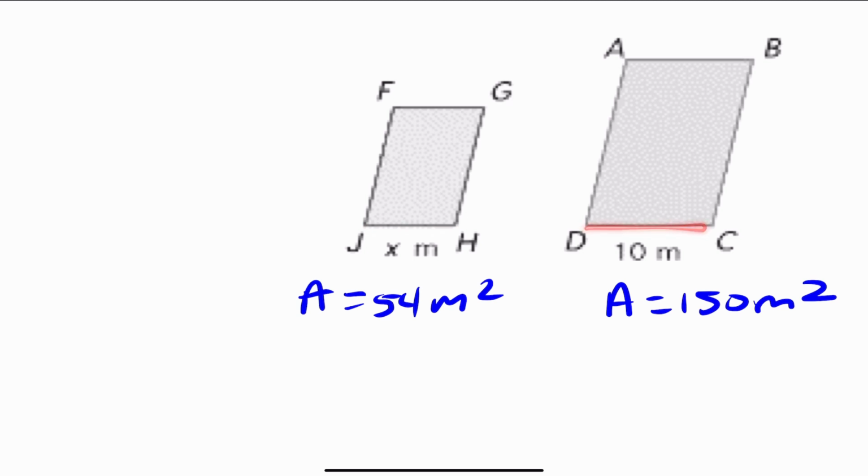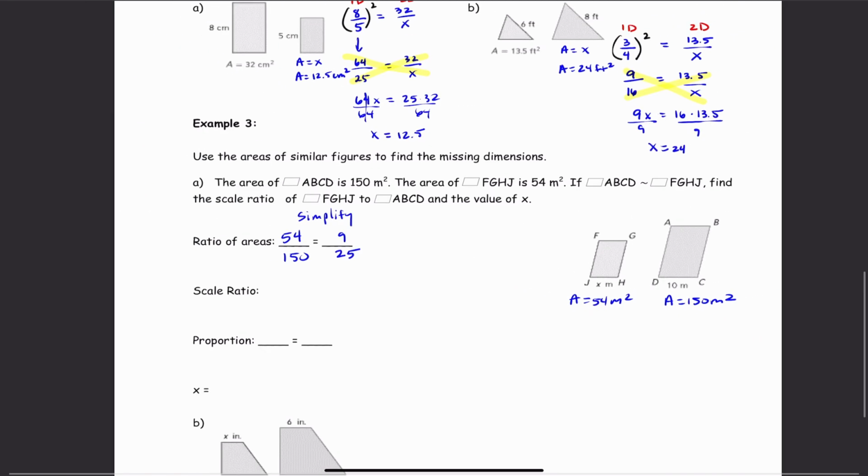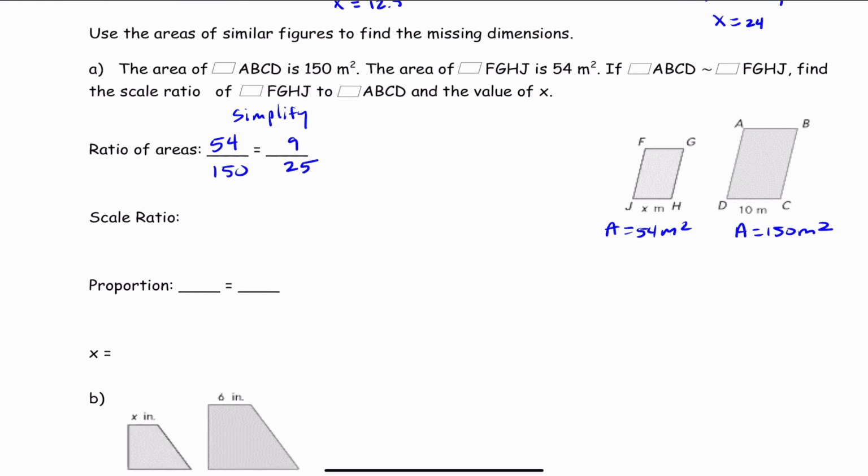And this segment is also one-dimensional as well. But we have the two areas this time, as you can see. So what I'm going to do is write x over 10. And then, let's write x over 10 over here as well. So x over 10, and I'm going to compare that to 9 over 25.